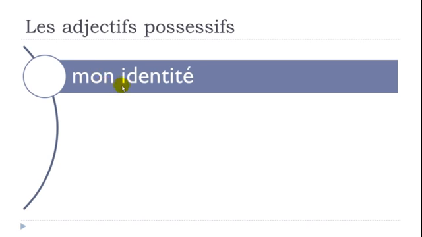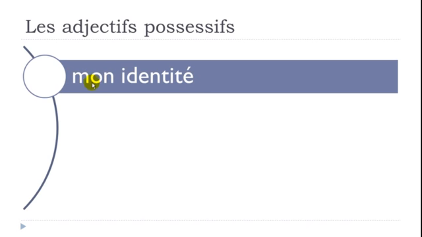So remember, with feminine words that start with a vowel like I here, identité, you will have to use les adjectifs possessifs masculins, so the masculine form.